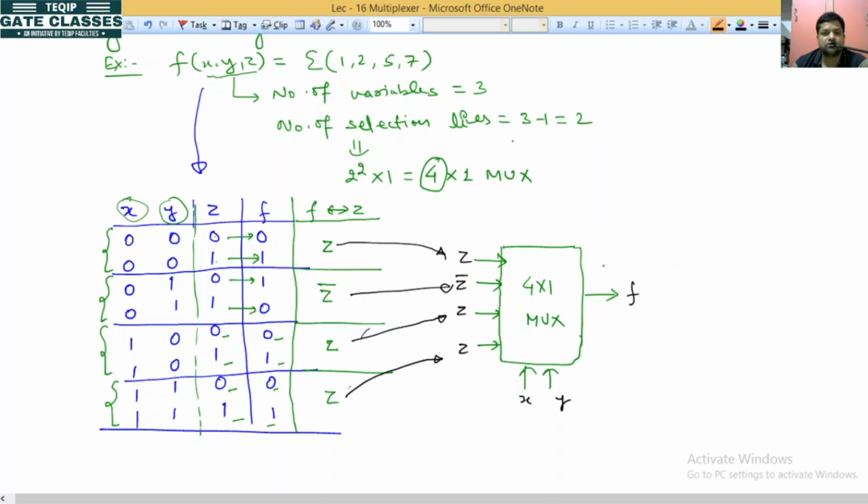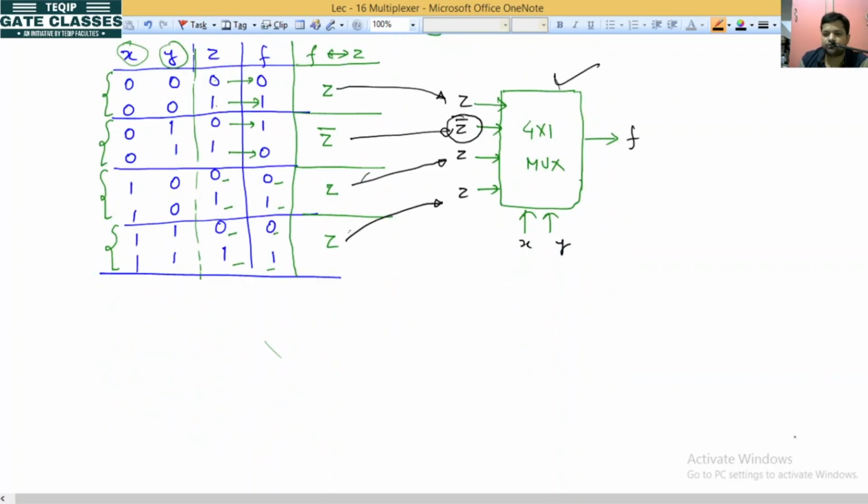If you want to implement all n variable functions, then you require one more thing with that mux, that is known as a NOT gate. Because if you have only the mux, then you cannot implement this function, because one NOT gate is also required. Understood?